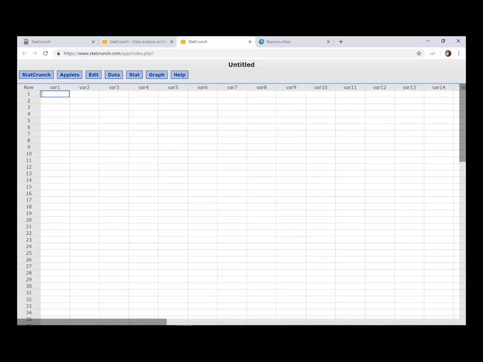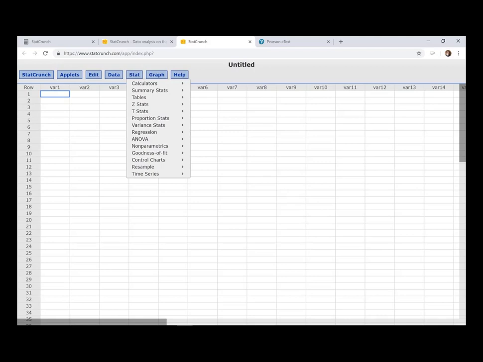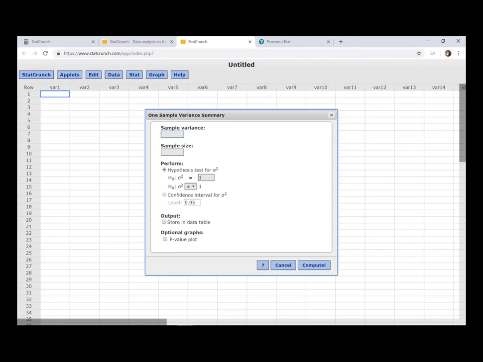When we're in StatCrunch, we're going to go to Stat, Variance Statistics, one sample with summary, and the sample variance. Okay, our sample variance was, what is it, 0.0225?